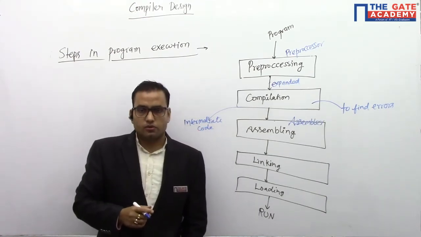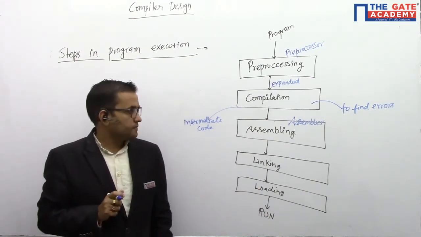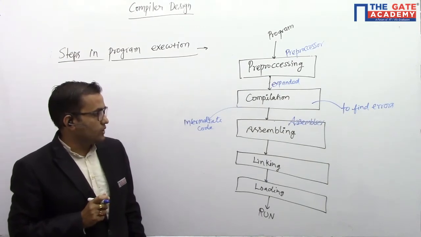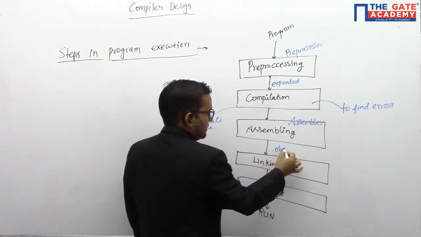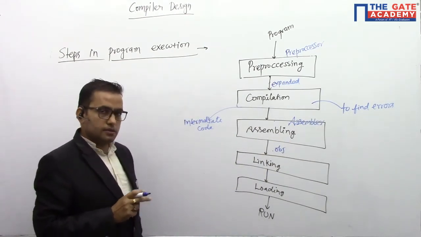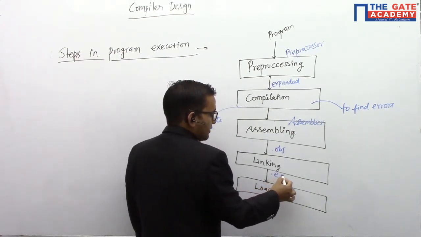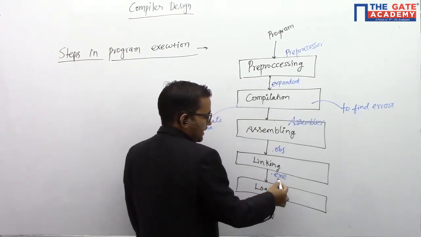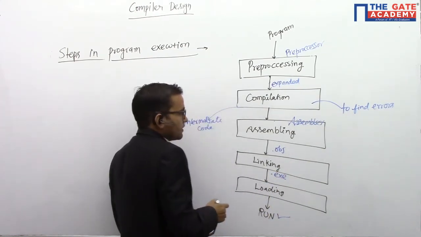Okay, now, so the output of the compiler will be given to the assembler, and assembler will do assembling, and it will create object file. Then that object file will be given to the linker, and linker will produce exe file, and it will be loaded into the RAM, and finally it will run.